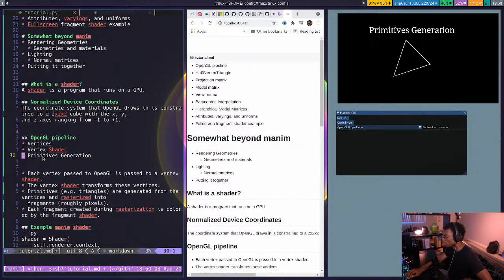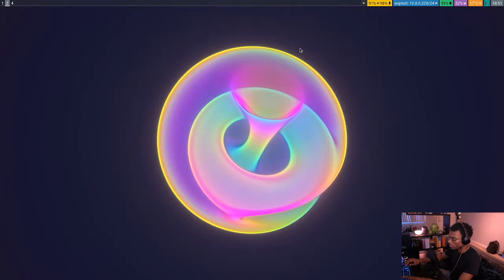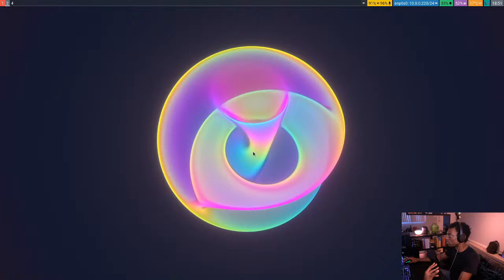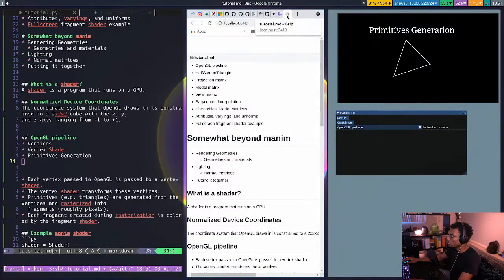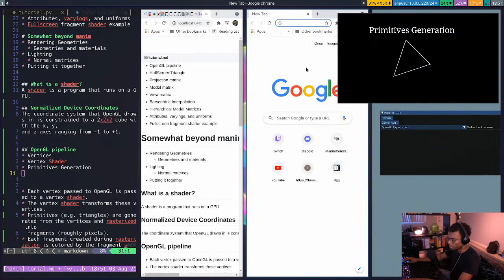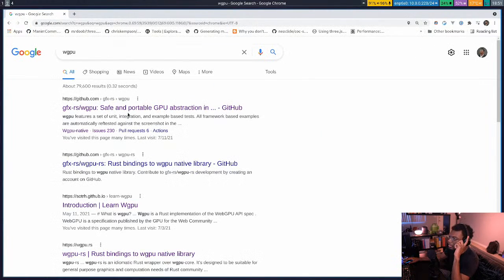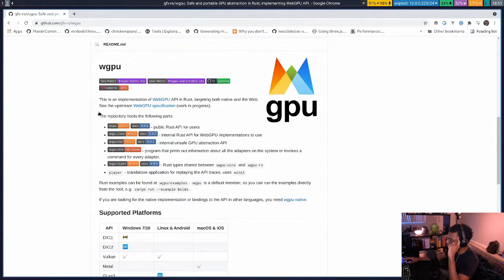I think it would be really beneficial to move Manim over to WGPU, which is basically the thing to succeed OpenGL. But that'll probably take a while, to be fair. It might be kind of slow. But basically, this is the successor to that.